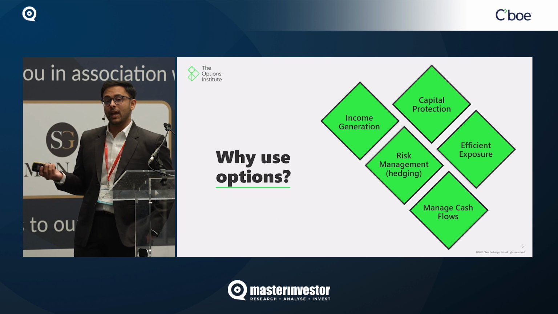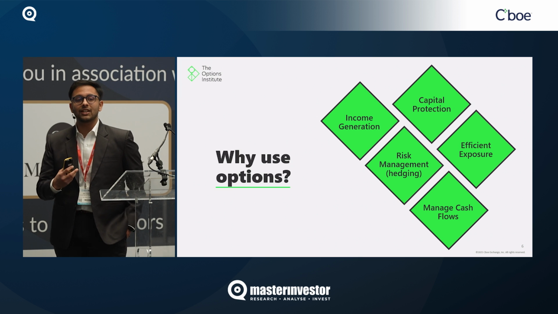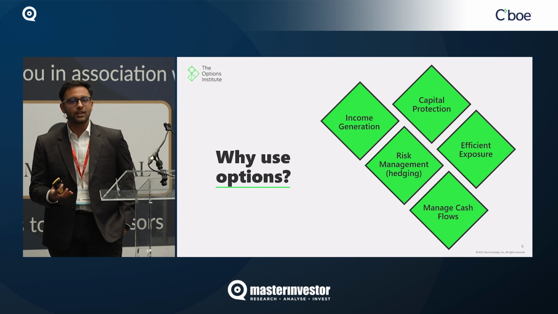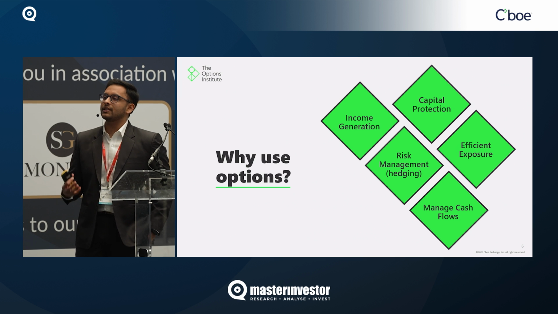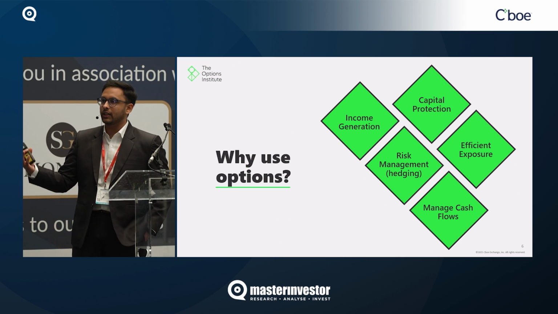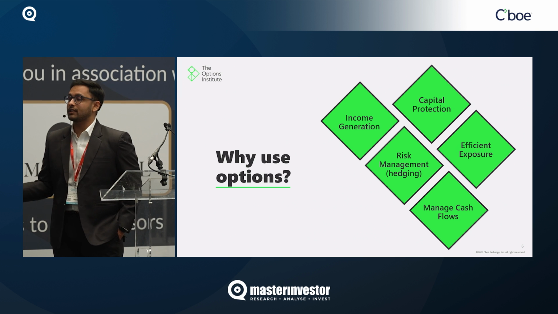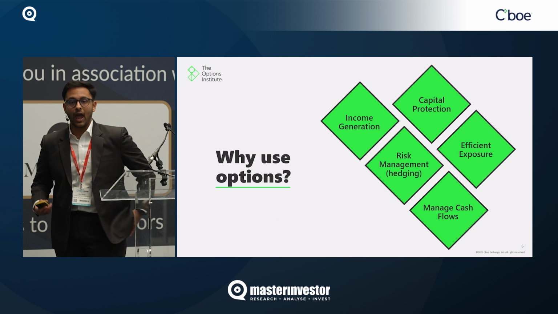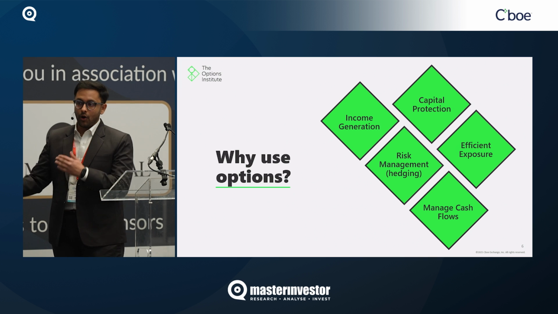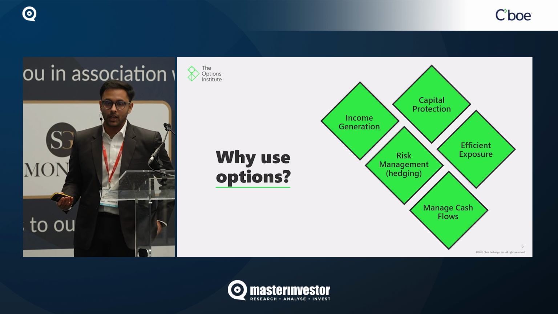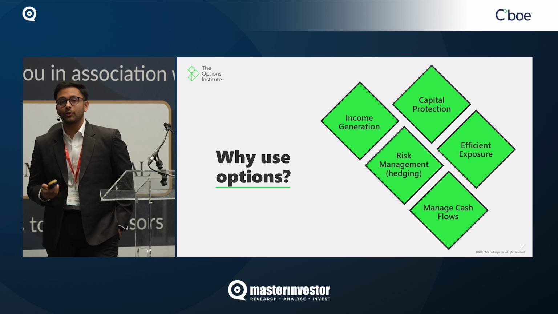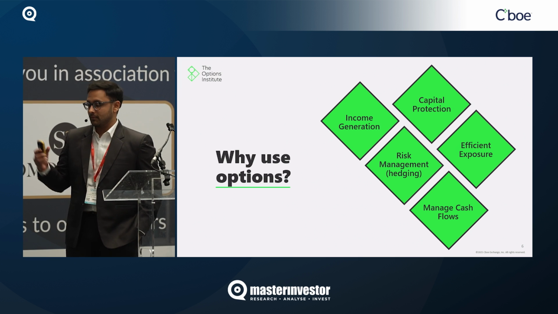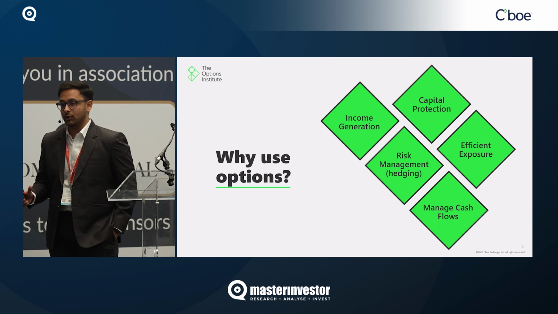You also have risk management or hedging. This is about hedging specific variables of exposure. If you have a portfolio that is very sensitive to interest rates, and let's say the Bank of England starts raising interest rates again, you can use options to protect your portfolio from that rising interest rate environment. We've also got efficient exposure. Options are capital efficient tools. They have something of an embedded leverage component.